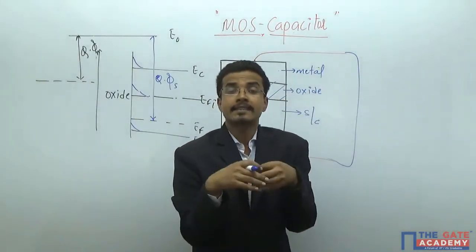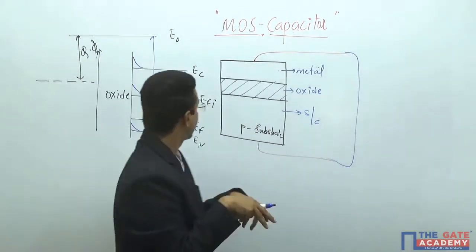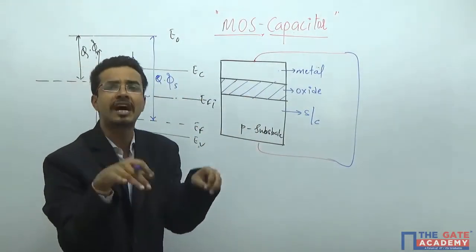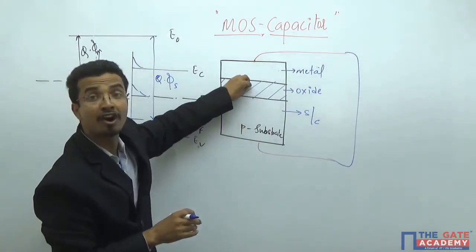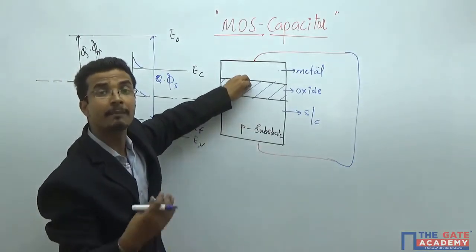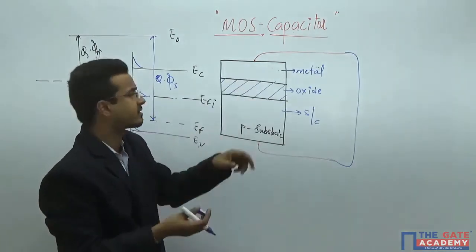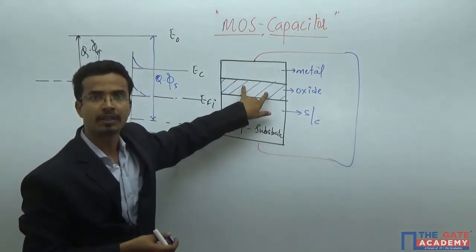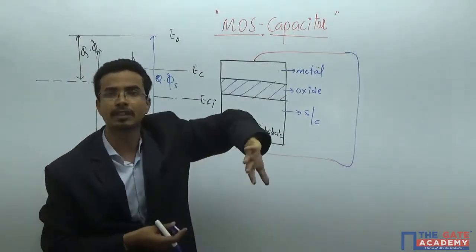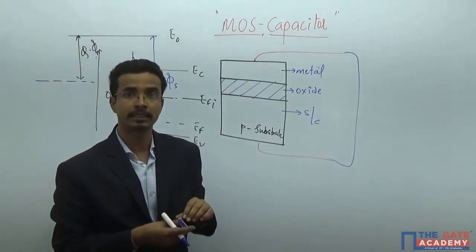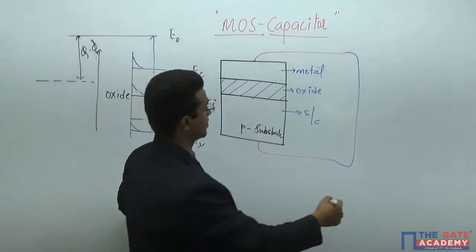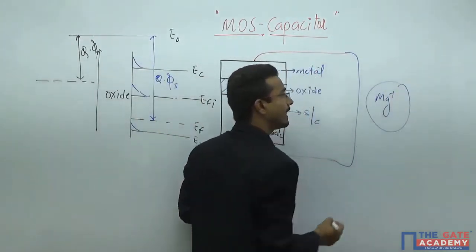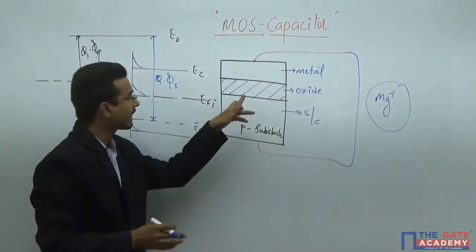Okay, and some non-idealities will also come here. During the fabrication process, a lot of charges can exist inside this oxide. During the manufacturing process, you can have many oxide charges. Those charges will always be positive because of Mg plus, which are mobile ionic charges inside the oxide.